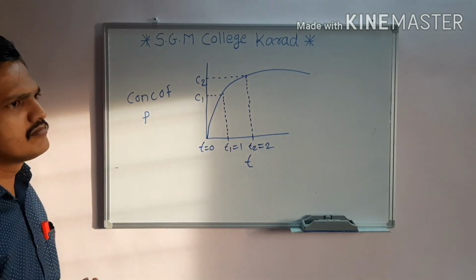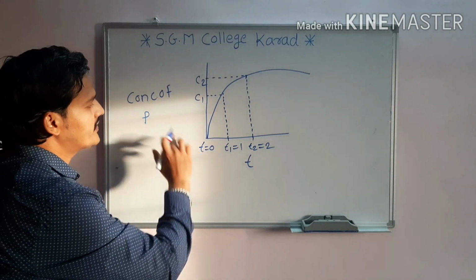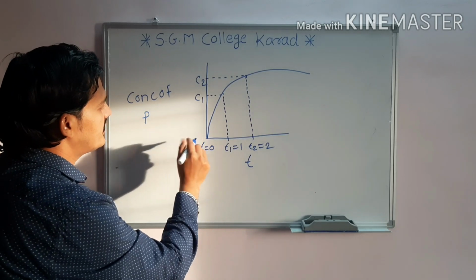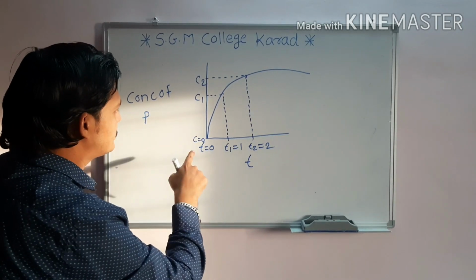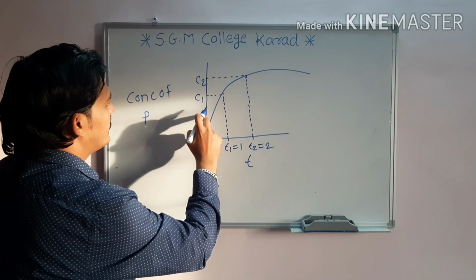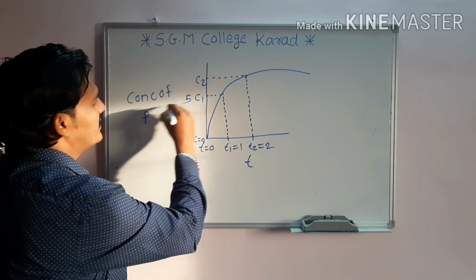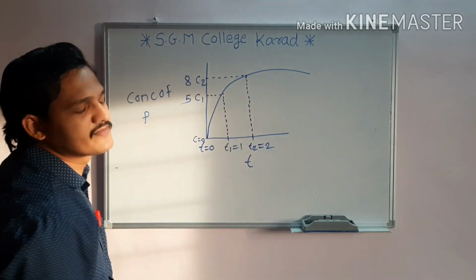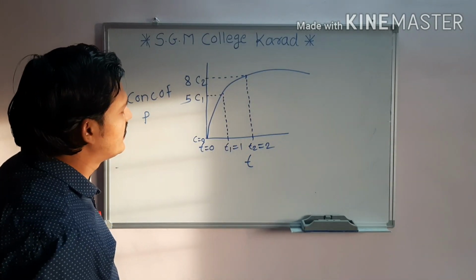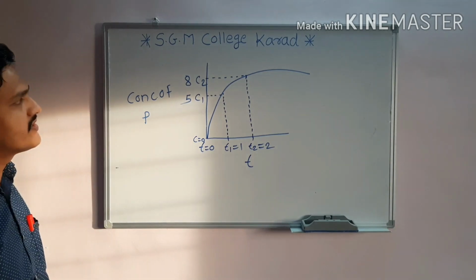Now let us take random values, as the concentration increases. The concentration here is 0, then 1, 2, 3, 4, 5. Let us say C1 is 5. Then 6, 7, 8. Let us say C2 is 8. Okay. Then is C1 greater or C2 greater?